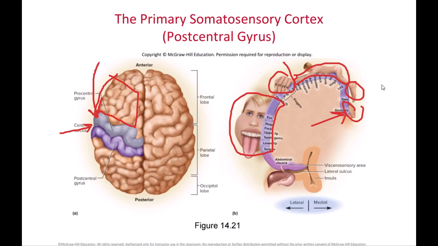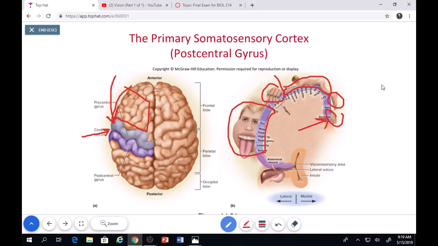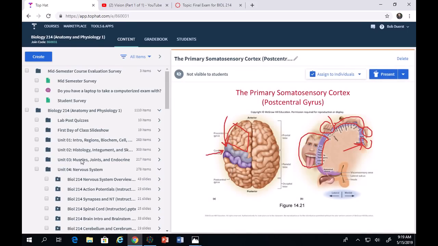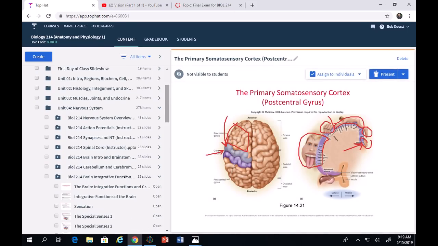So are you asking what is the difference between a rami and a spinal nerve? Let me see if I can answer your question. I'm not 100% sure what you're asking. So let's go back to the rami.